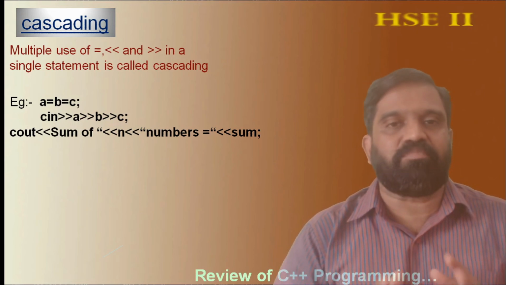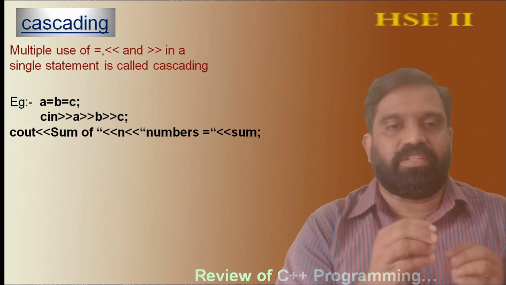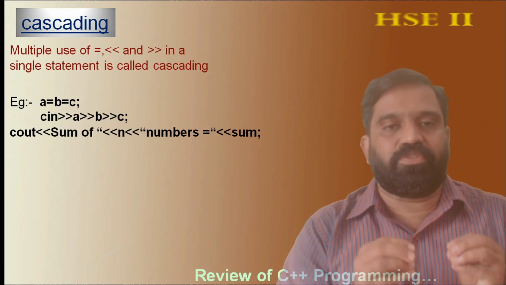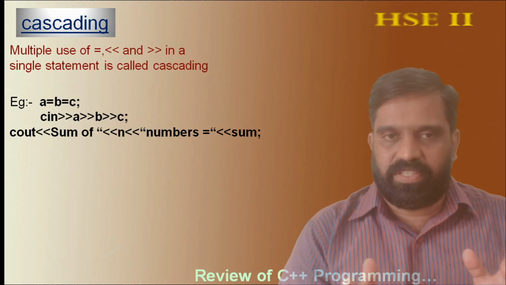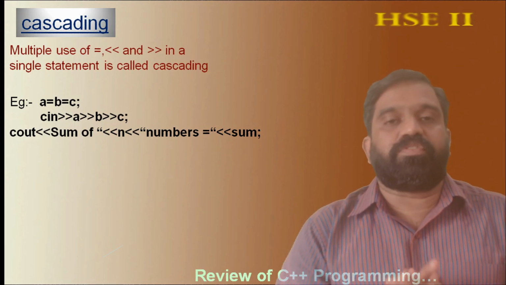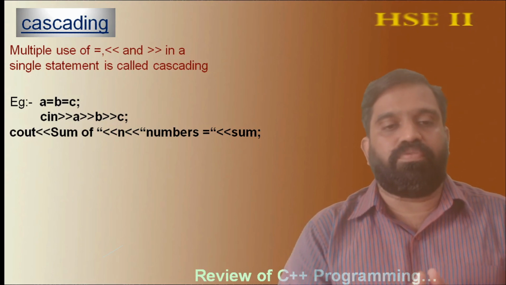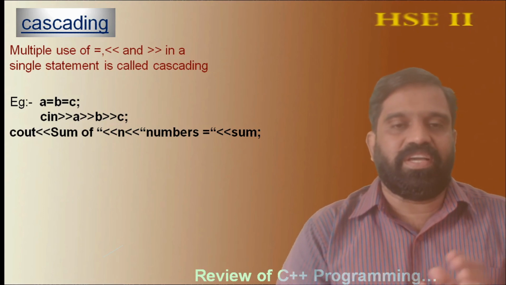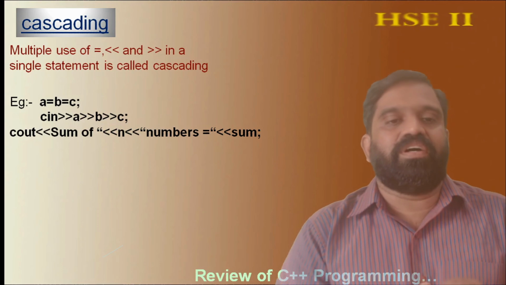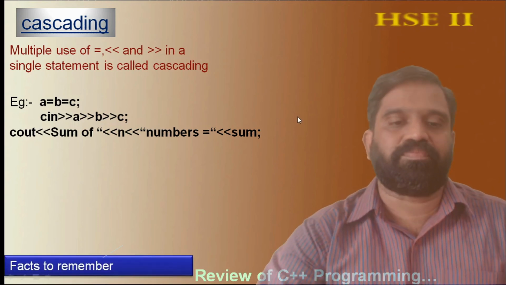In a single statement itself we are using the get-from operator. So that is another example of a cascading statement or cascading style. Then another, cout sum of n numbers equal to, again sum. Here I have used the output operator.